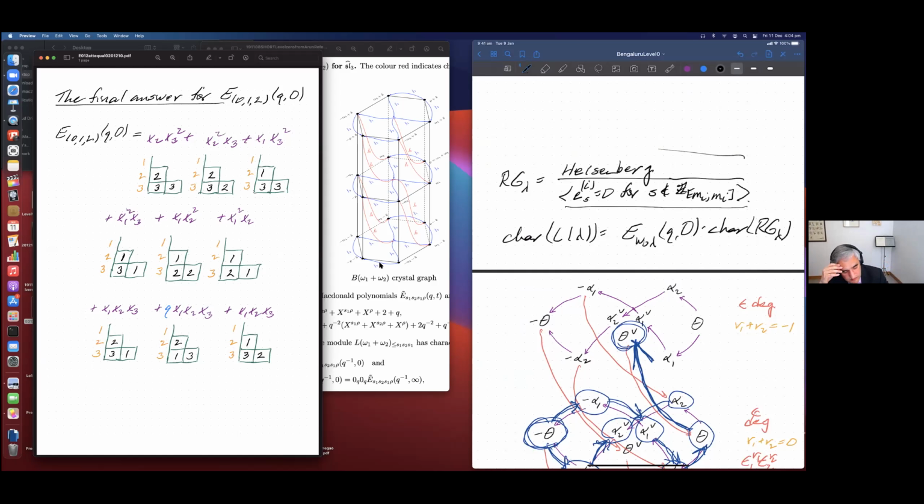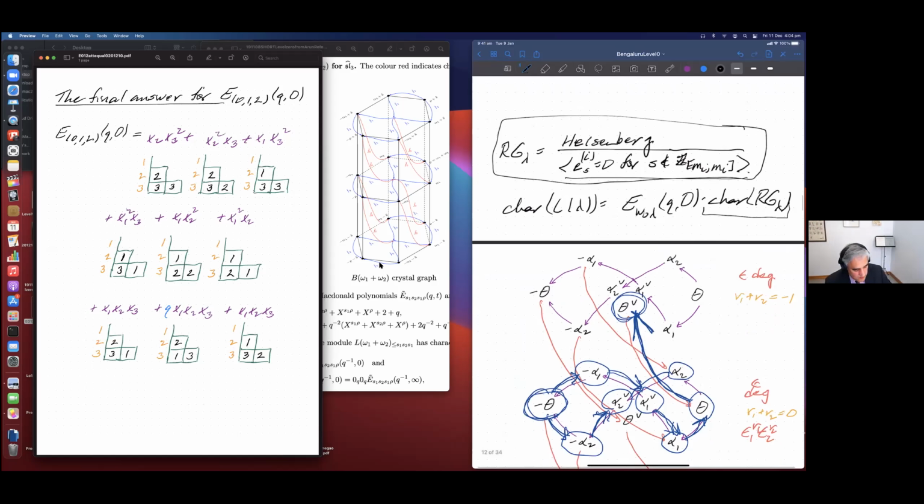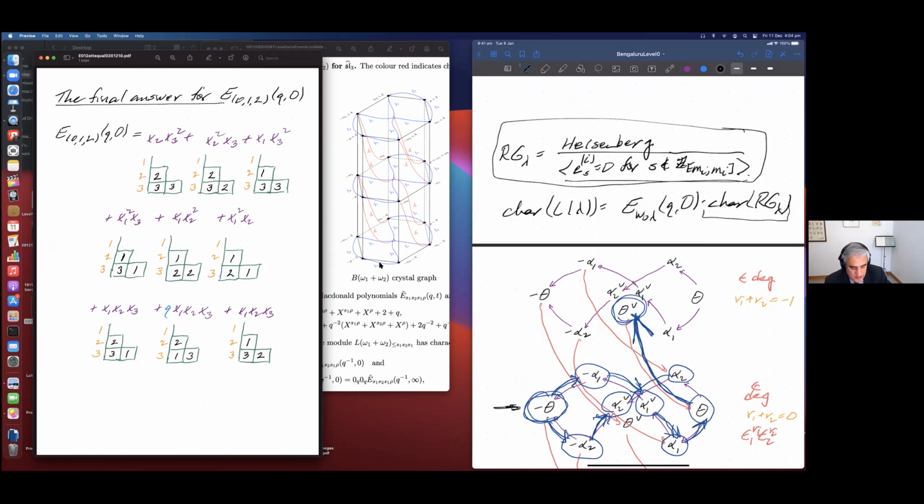So this is a quotient of a Heisenberg algebra. And if you take the character of that, you get exactly the periodicity. And then if you multiply it times the 9 dimensions from the blue part, that's this Macdonald polynomial. Thank you. I have more questions.